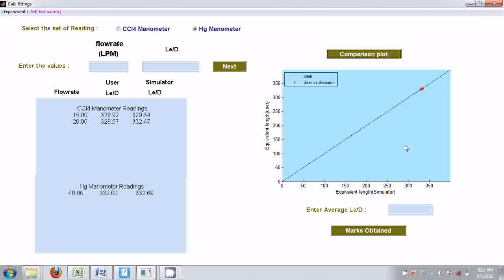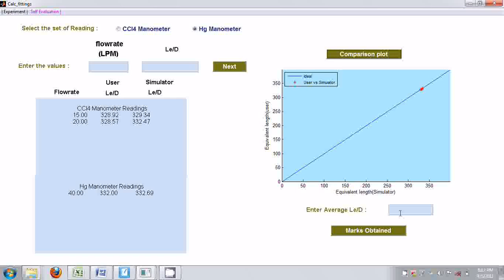This is the plot between the equivalent length of the fitting calculated by the user versus the simulator. If both the values coincide exactly, points will be on this line. If they deviate, points will be away from this line. These readings are almost coinciding, so points are almost on the diagonal.